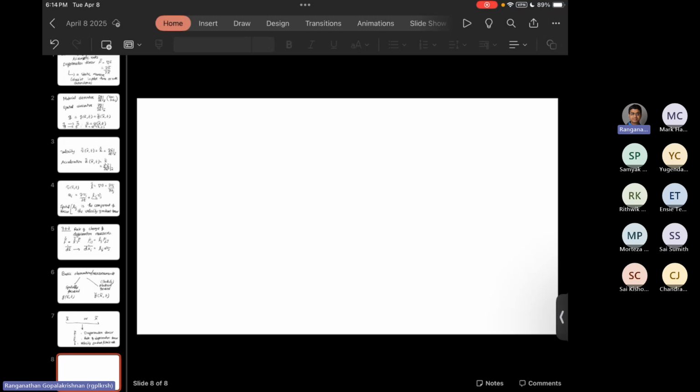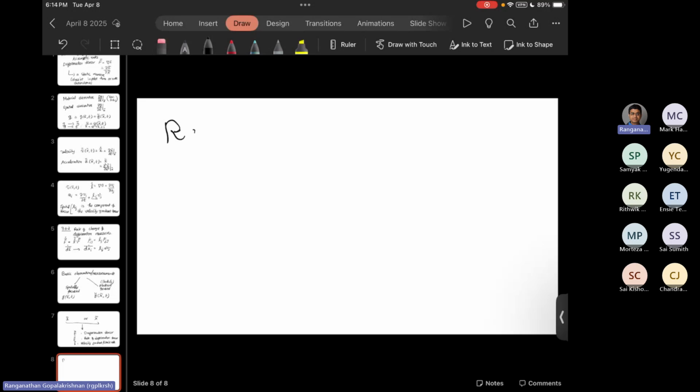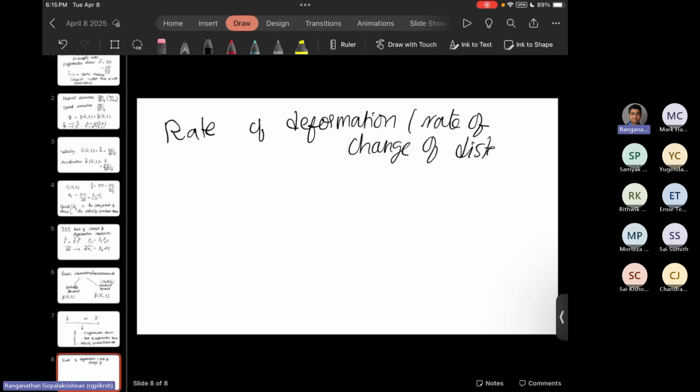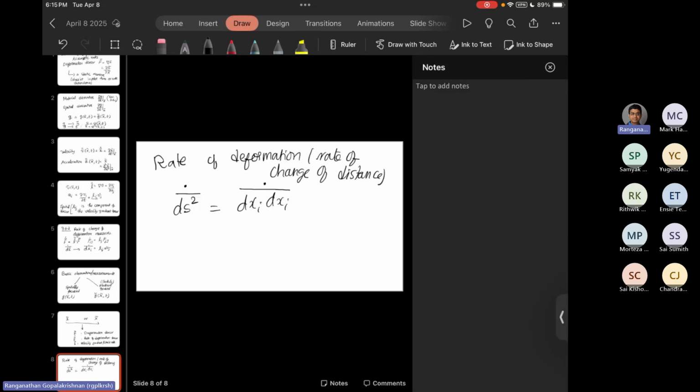So then we also saw rate of deformation, which is basically saying rate of change of distance, not position but distance. Okay, the scalar. So we started with ds squared, which is dxi dxi, and we wanted to get the rate of that. I won't go through the entire derivation again, which took a significant part of a lecture.